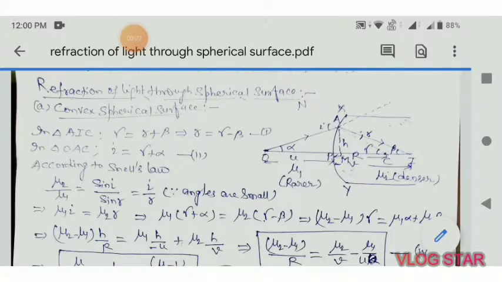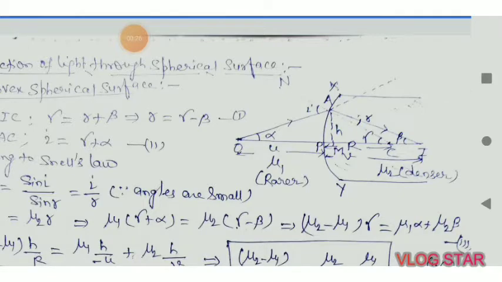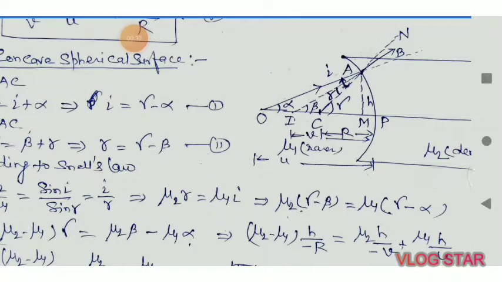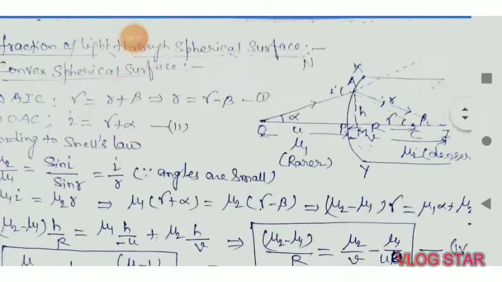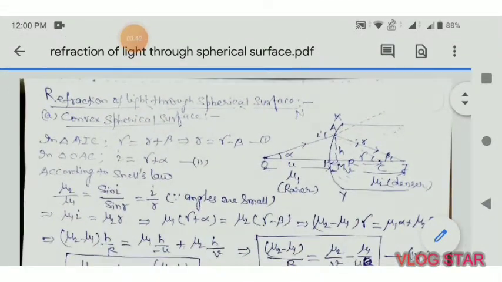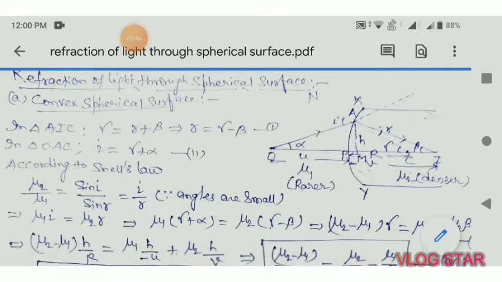This is a transparent medium separating the two media X, Y. This is a convex spherical surface, and this one is a concave spherical surface. So we will see the relation between u, v and R for that surface.